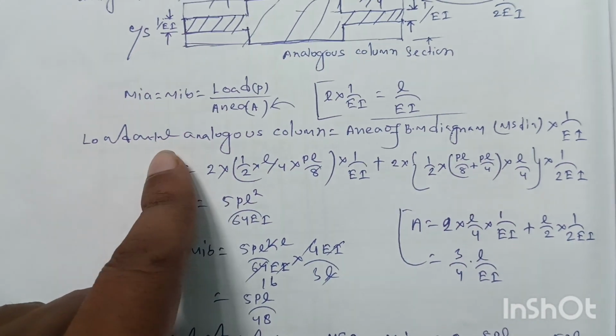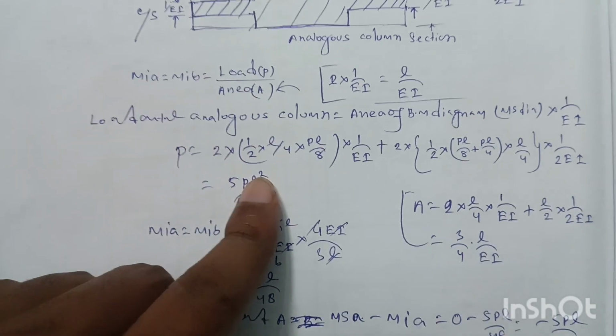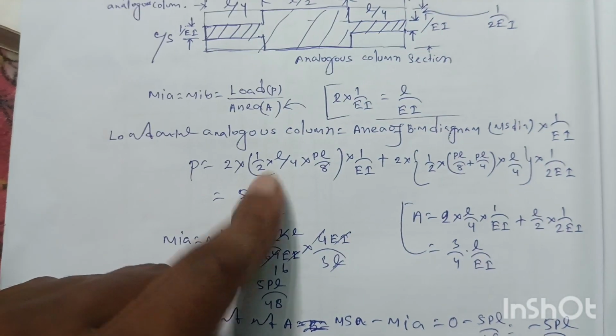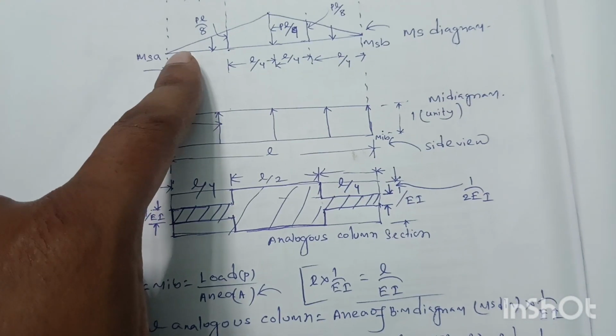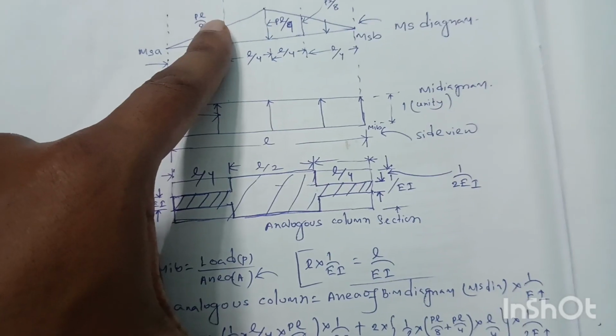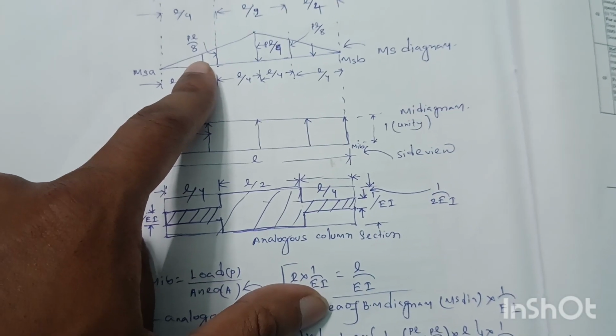So the load on the analogous column for these two parts will be 2 into the area of this bending moment diagram, half into base length L by 4 into height PL by 8, into 1 by EI.